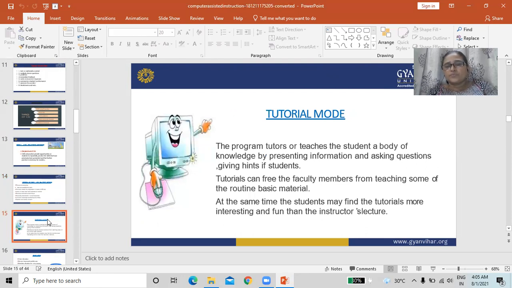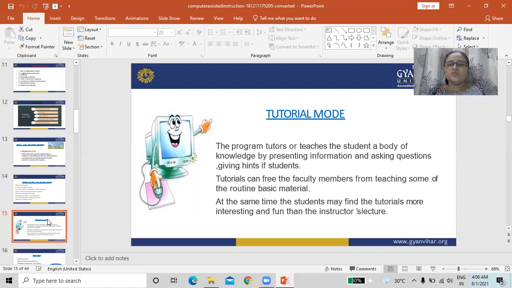Tutorial mode. The program tutors or teaches the student a body of knowledge by presenting information and asking questions, giving hints if the student asks.